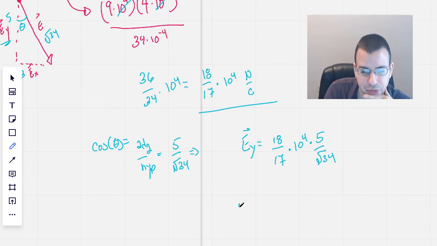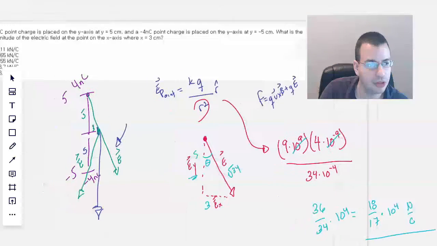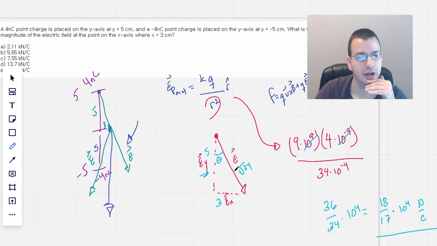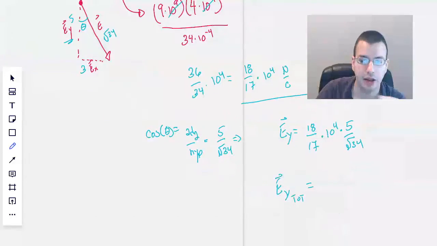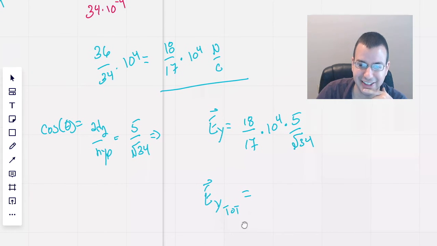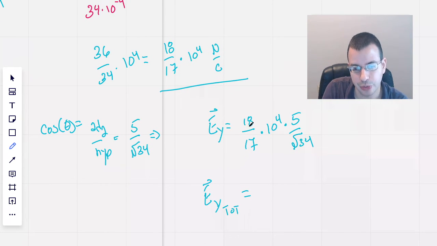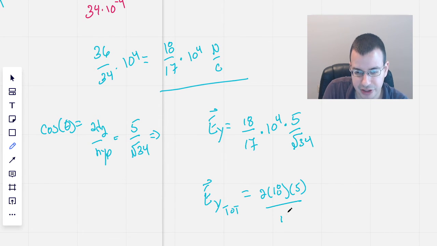But if we want the combined value, I'll write E_y total, because this is from both. They're symmetrical, so I'm just doubling. This is from the 4 nanocoulombs and negative 4 nanocoulombs. We're going to multiply by 2. So we'll do 18 times 5 over 17 square root of 34, times 10 to the fourth.